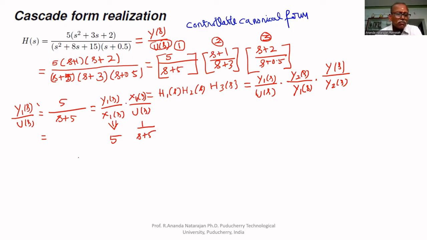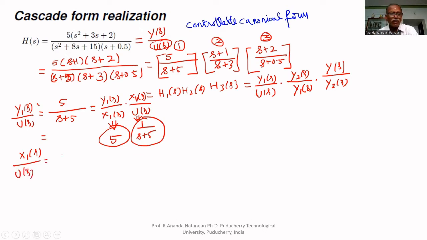So now if you cross multiply, you will get s plus 5 times X1 of S equal to U of S.